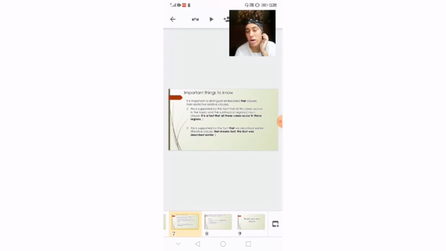So they are used to identify the noun which goes ahead of them. The second sentence says this is supported by the fact that we described it earlier. The relative clause is that. That means fact. The fact was described earlier.